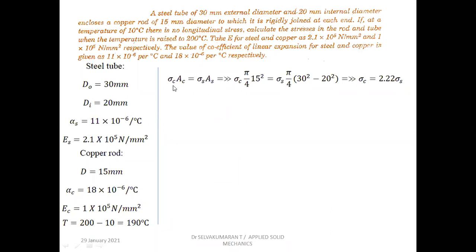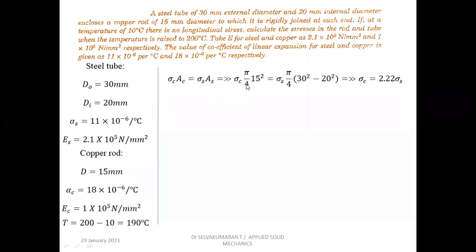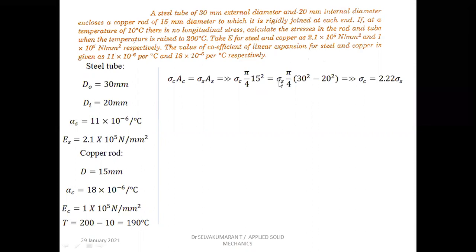Compressive load is compressive stress into area, tensile load is tensile stress into area. So sigma C A C is equal to sigma S A S. Sigma C into area of copper, pi by 4, 15 square, is equal to sigma S into area of the steel tube, pi by 4, 30 square minus 20 square.